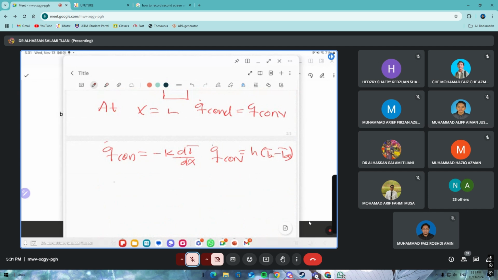All right, so eventually we'll have minus K dT over dX equals h times T2 minus T infinity.